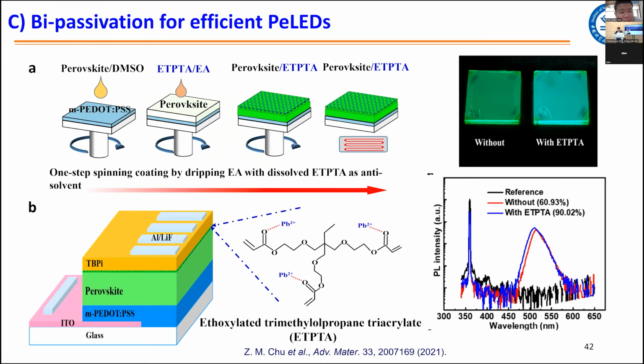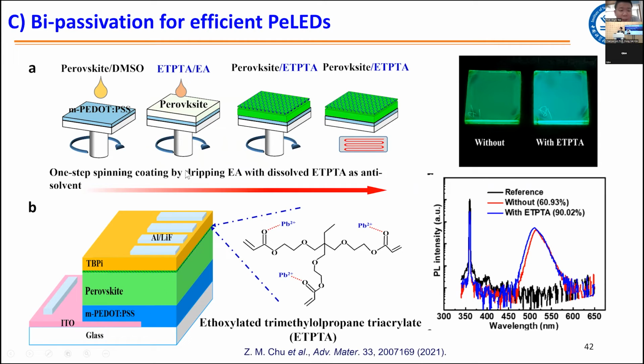And then, even if the passivation is very effective, how about we passivate the perovskite surface and also the bulk? So during the perovskite formation, we drop this molecule onto the perovskite surface. This is the nucleation state.